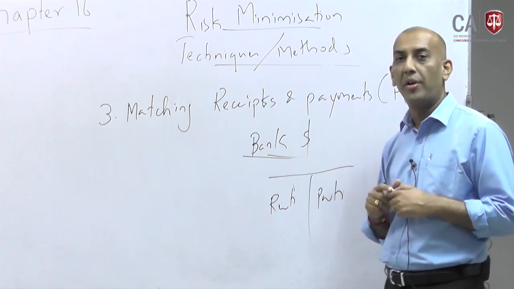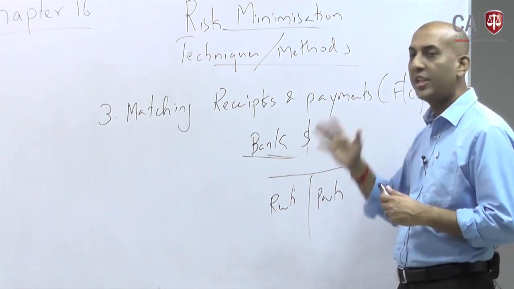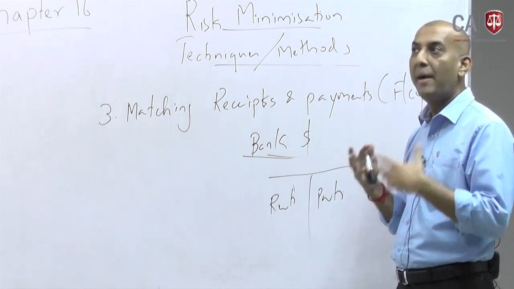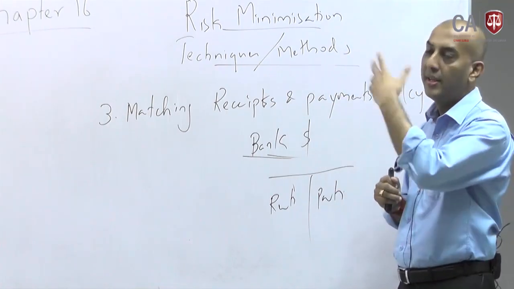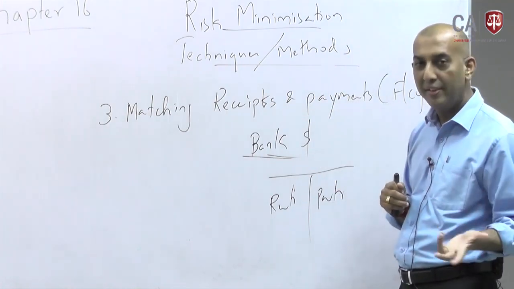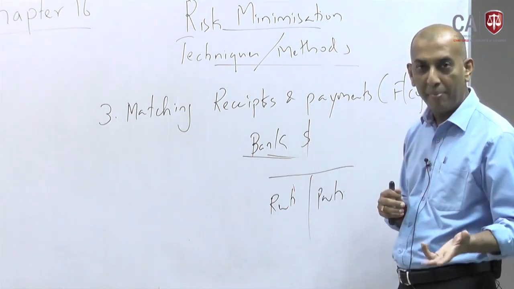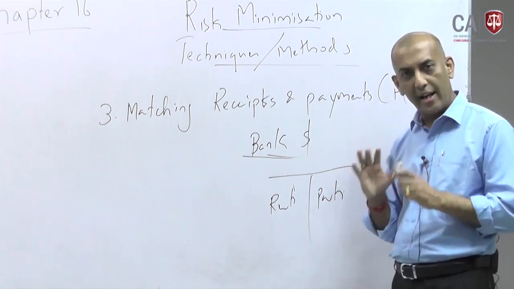Second, the amount involved. You are not going to match 100% of your sale proceeds with your payments. It cannot be done. Like your proceeds may be $10,000, your payments can be $7,000. Or it can be lesser receipts and more payments. So it can be either way. So you need to understand that differences are there.